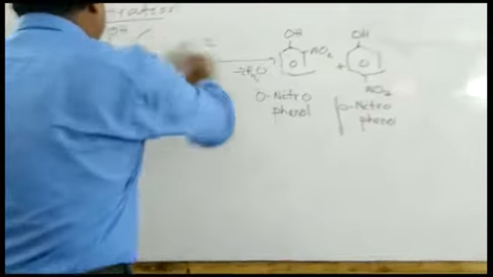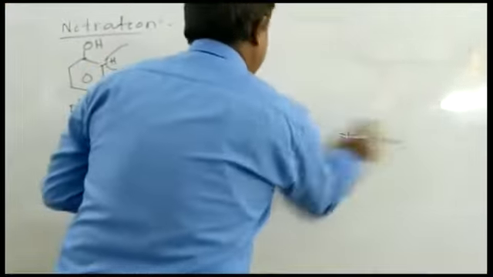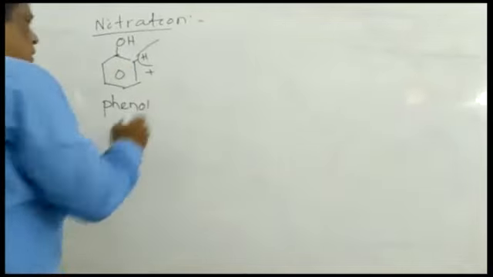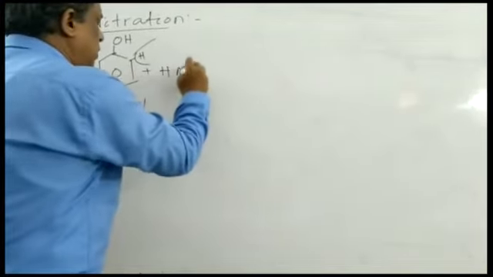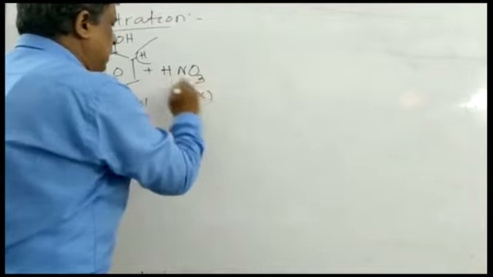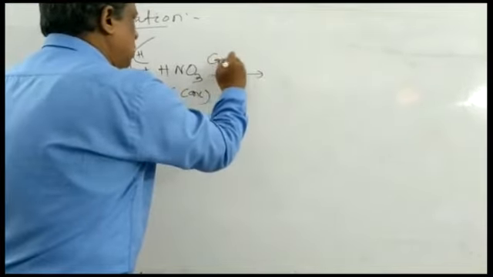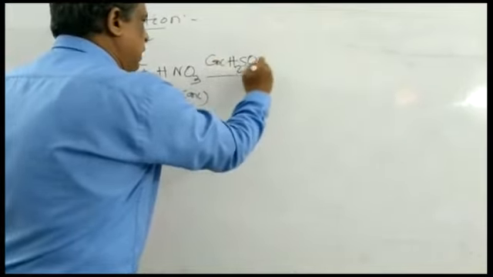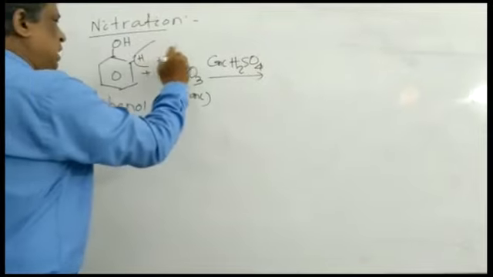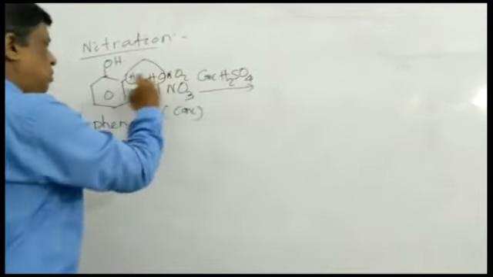Mark the equation. When phenol is treated with concentrated nitric acid in presence of concentrated sulfuric acid, same thing, HONO2. What happened?